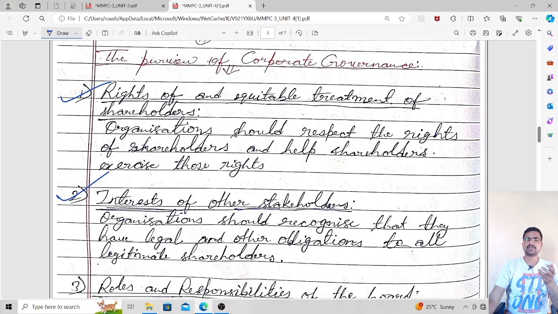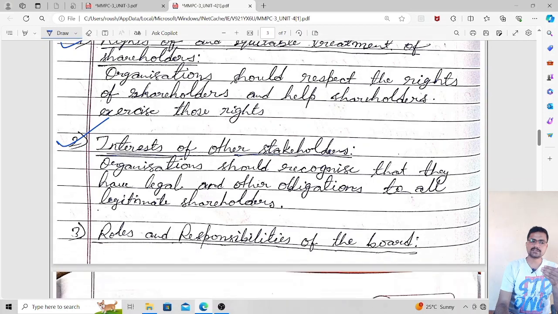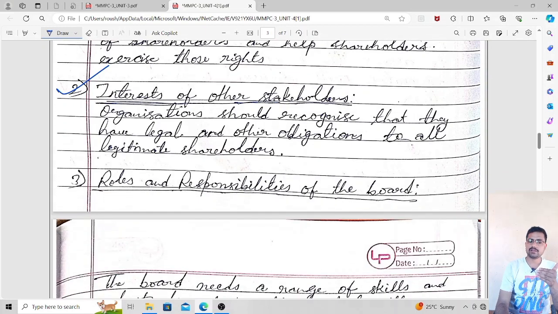Means preview of the corporate governance here, how a corporate should be governed, how the processes of the corporate should flow, so that it should be here in corporate governance. Interest of other stakeholders: organizations should recognize that they have legal and other obligations to all legitimate shareholders.